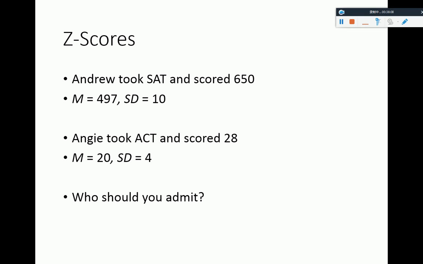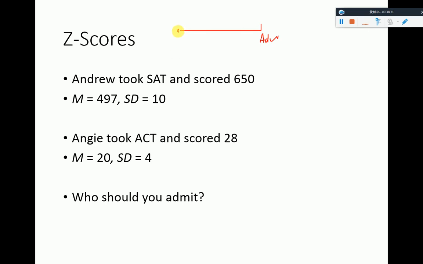So again, we're comparing scores from very different distributions. So what we need to do is convert the scores to distances. We essentially ask, how far away is Andrew's score from the mean? And how far away is Angie's score from the mean? If Andrew's score is farther away from the mean in the positive direction, so we're considering, okay, if the mean for Andrew's SAT is here, and Andrew is here, that's Andrew's score.